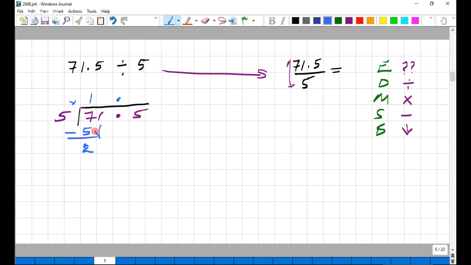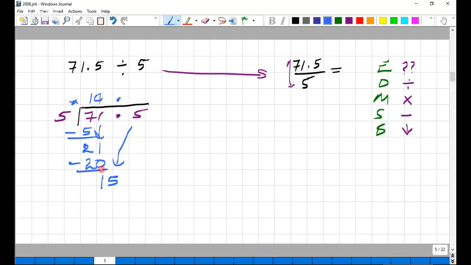Bring down the 1. So what we end up with here now? 21. Okay, so 5 into 21 would go how many times? 4 times. Okay, so 4 5s would give us what? 20. And if we take 20 from 21, we have what left? 1. All right, so we're going to bring down the 5.